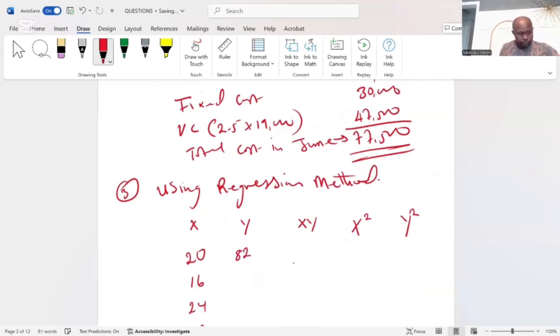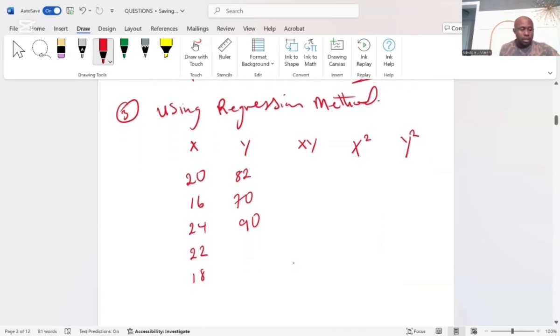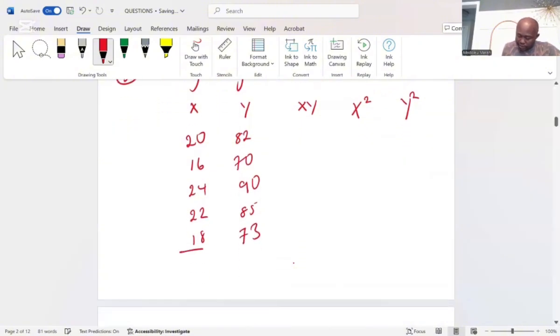82, 70, 90, 85, and 73. So when I total this, 20 plus 16 plus 24 plus 22 plus 18 will give me 100.